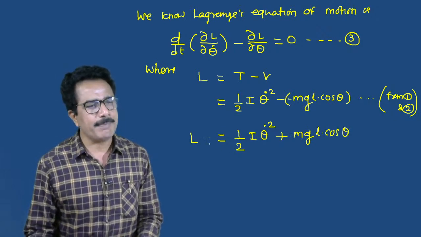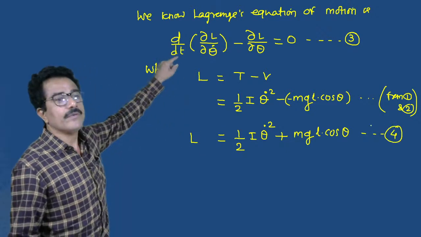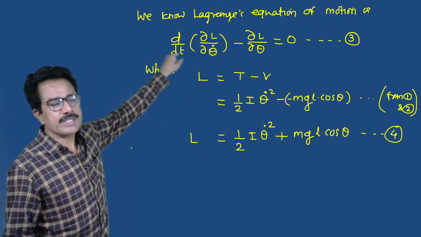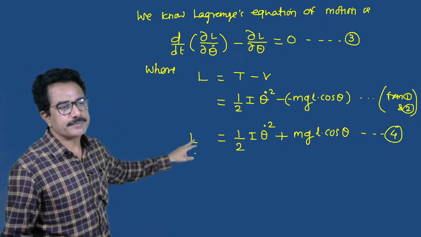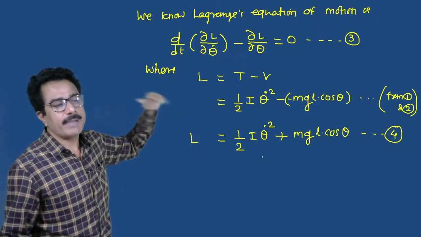So this is the Lagrangian L. This is equation 4. But to find the Lagrange's equation of motion, we have to take dou L by dou theta dot and dou L by dou theta.